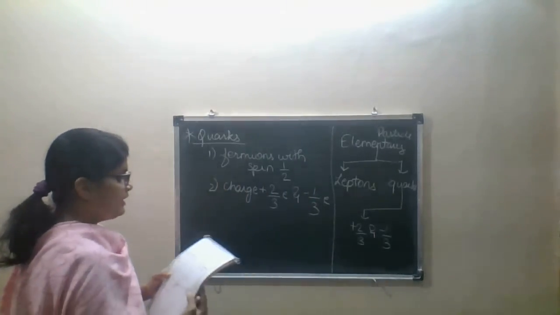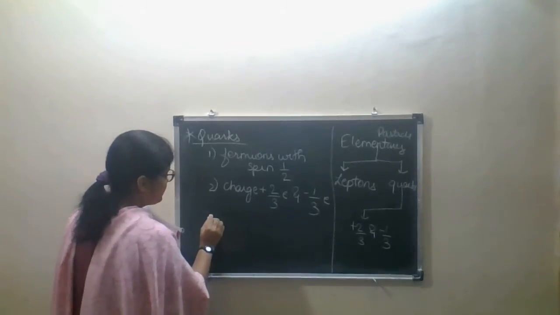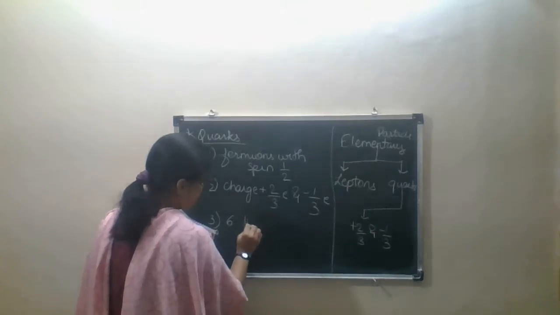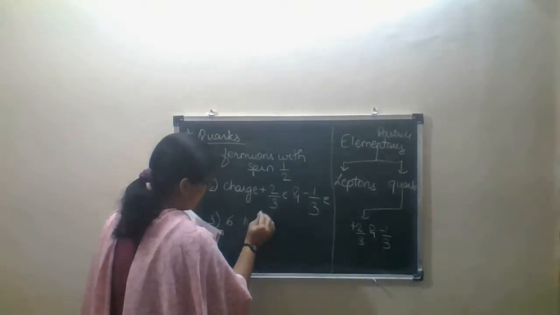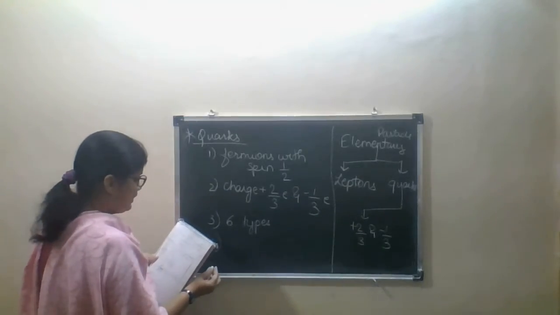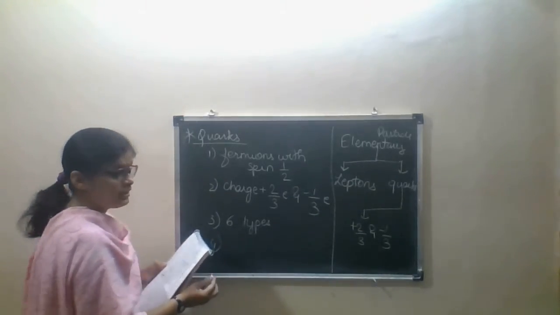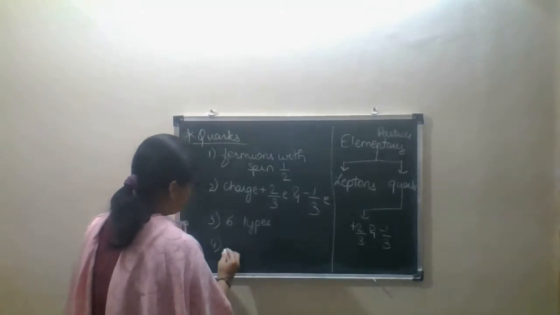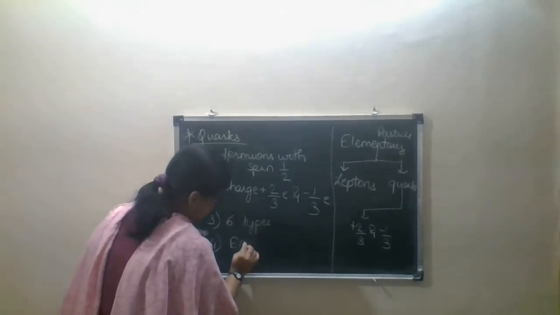There exist 6 flavors. There are 6 types of quarks, and each quark exists in 3 colors.